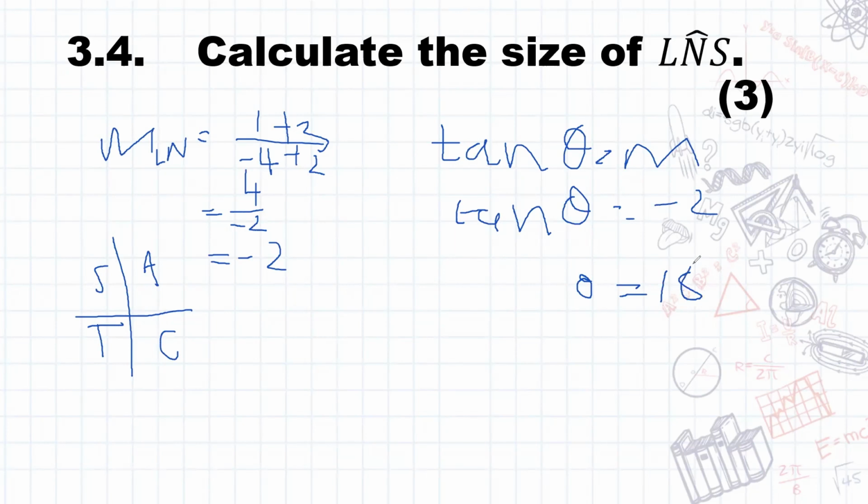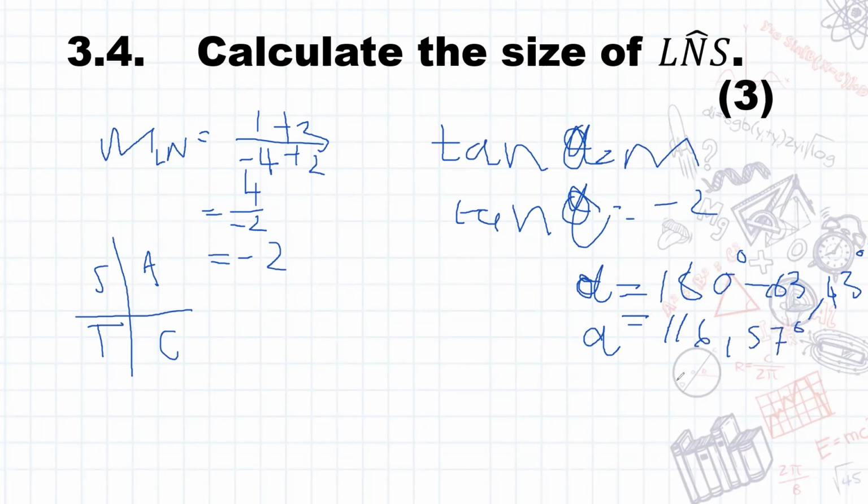So what we're going to have is 180 degrees minus 63,43 degrees, because we're over here in this quadrant. And so our answer for theta, or let's make it alpha, because otherwise we're going to confuse ourselves, would actually be 116,57 degrees. But this is not what they've asked us for.